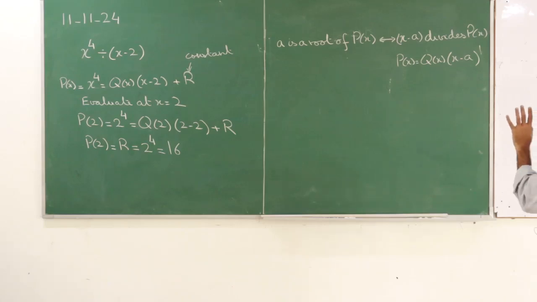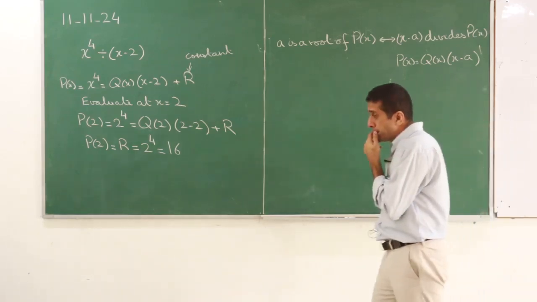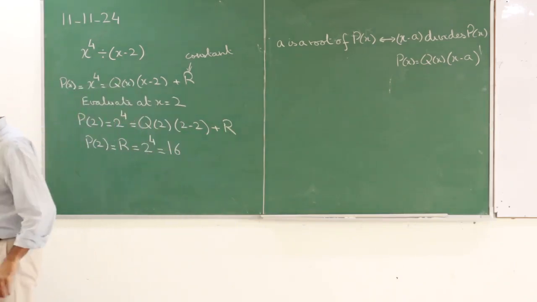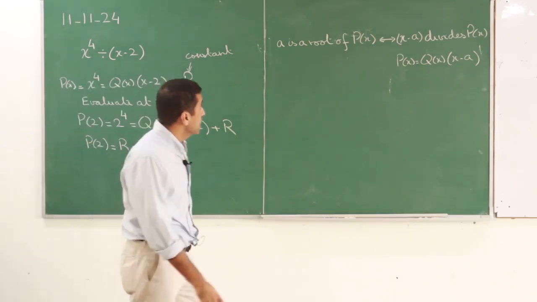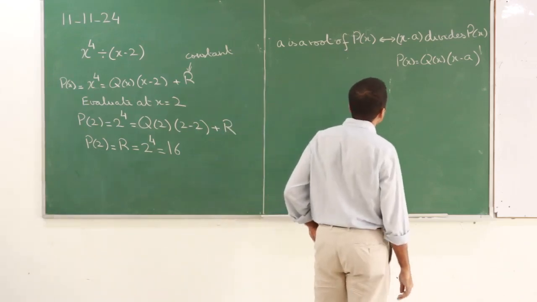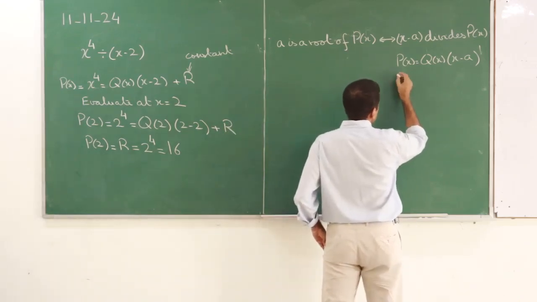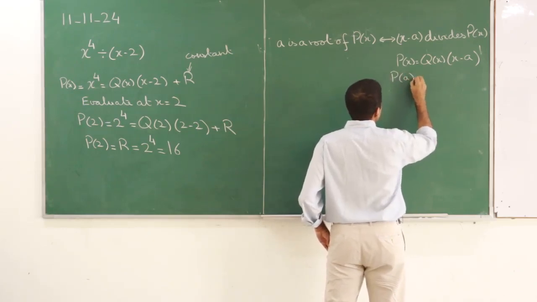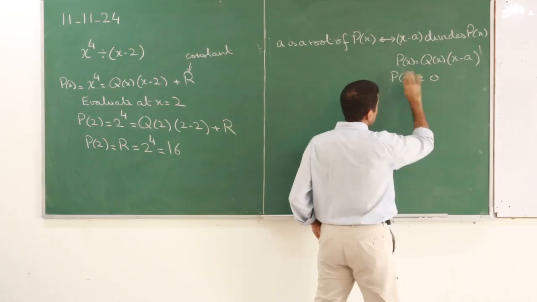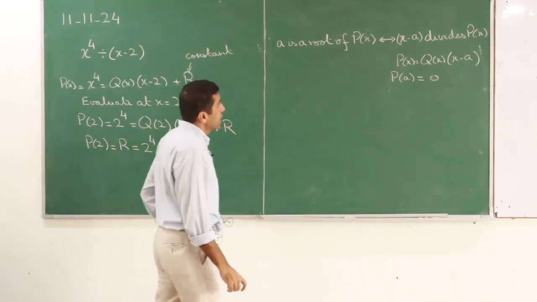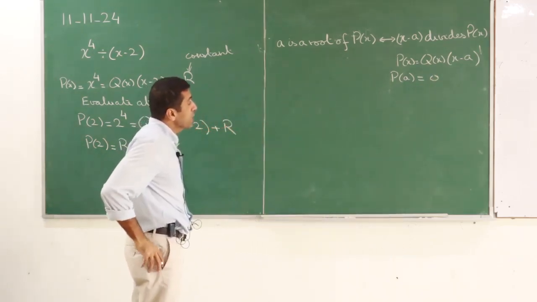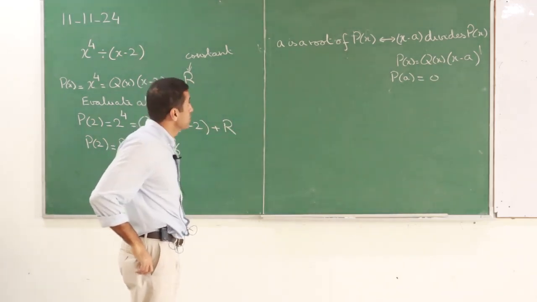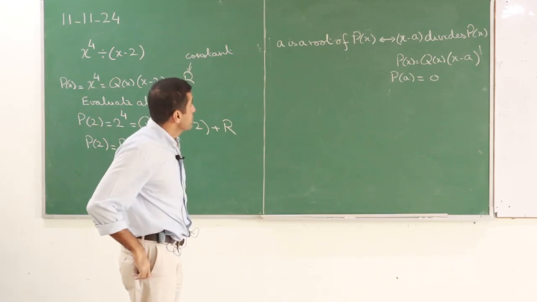Okay? So now let's think about this slightly. From here you can actually see p of a is equal to 0, because when you set x equal to a, you find out that the polynomial evaluated at the root is equal to 0, right?